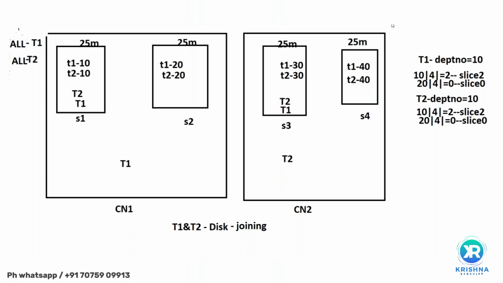So for that only, what we say is try to keep the same distribution keys for the joining tables. Because at that time matching values will be present in the same slice.